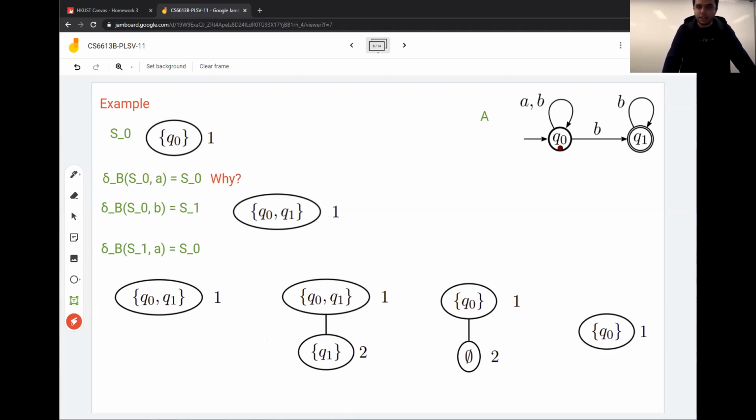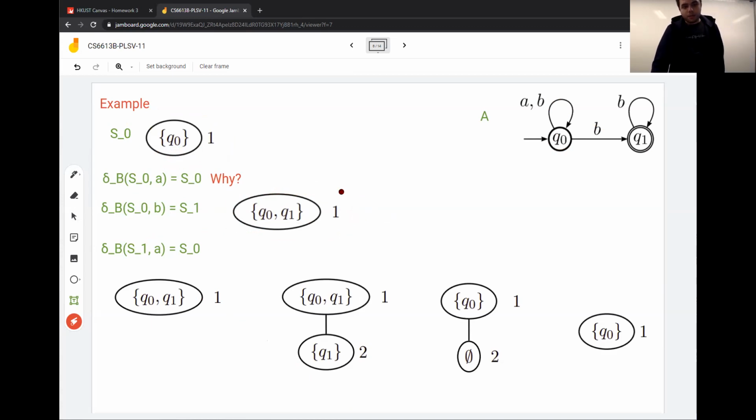And here I can see that from Q0 with B, I can transition to Q0 or to Q1. So I update this set here and I make it Q0, Q1. Okay. And then we had these other steps, which will also be skipped here. So if I start from Safra tree 0, from this one, and read letter B, I will go to Safra tree 1, which is this one.